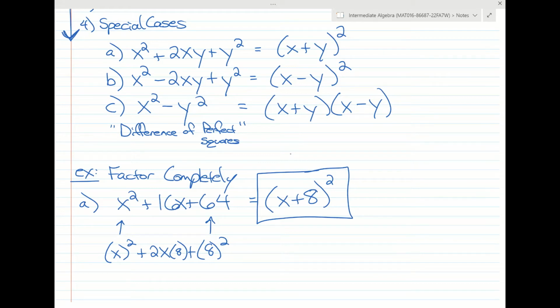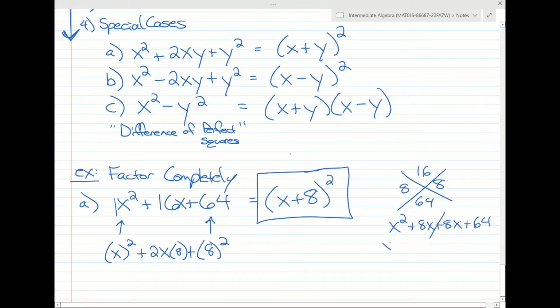We could have also done this using trinomial factoring. So we just do 1 times 64. I have to add up to 16, so that's 8 and 8. So we could have written x squared plus 8x plus 8x plus 64. Cut it down the middle, and you get exactly the same answer.